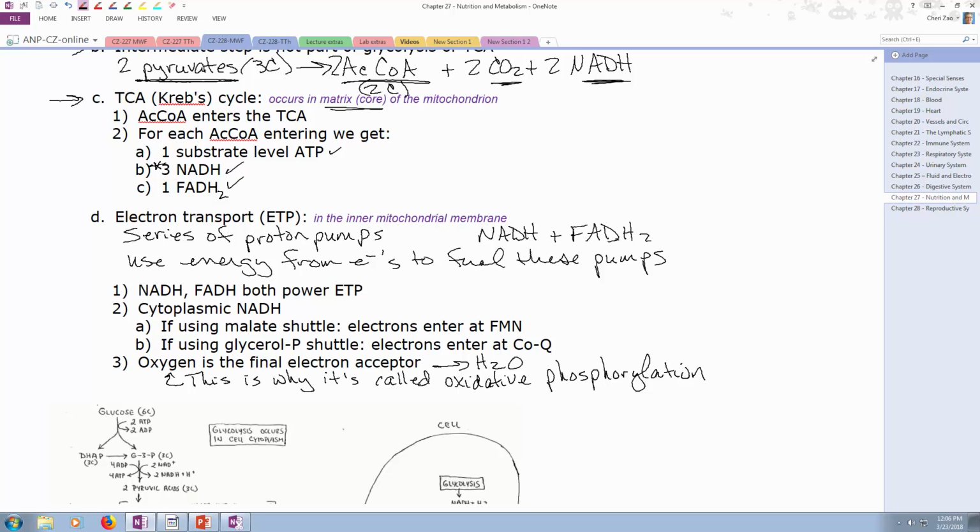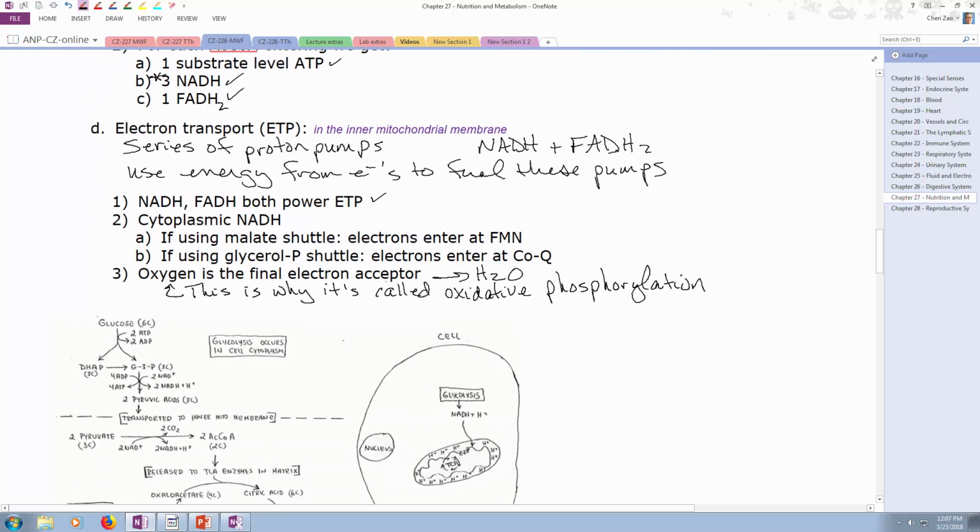And we talked about these guys are the ones that reversibly bind hydrogen and electrons, hydrogen ions more specifically, and the electrons. So NADH and FADH both power the electron transport process, and it says power because remember they're carrying electrons. They also provide the protons for the proton pumps too.